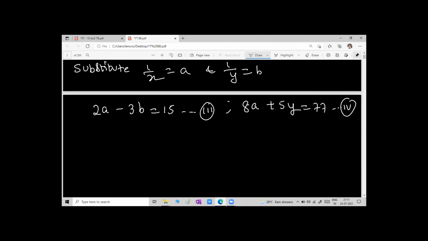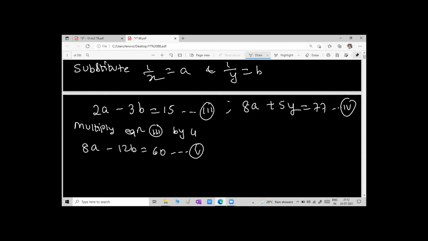Let us go ahead. अच्छा, इधर minus 3b है, इधर plus 5 है, इधर 2 है, इधर 8 है. So just think wisely. We can multiply equation 3 by 4, isn't it? So multiply equation 3 by 4 and we get 8a, 2 4s are 8a, minus 3 4s are 12b is equal to 5 4s are 20. Let this particular equation be my equation number 5, isn't it?